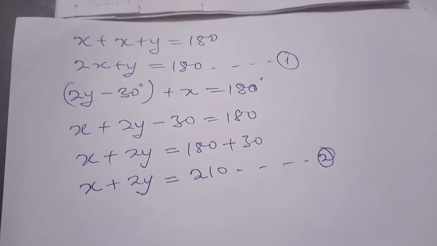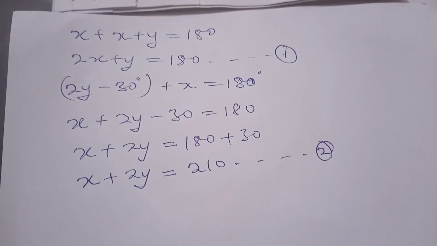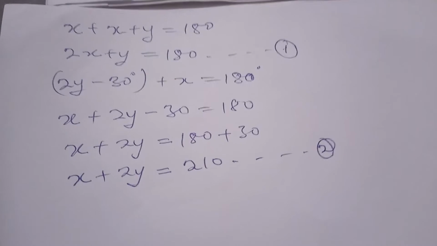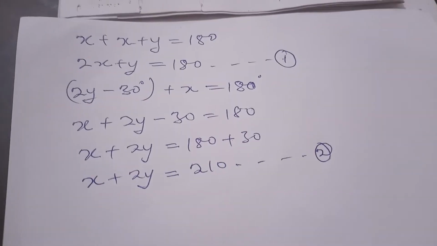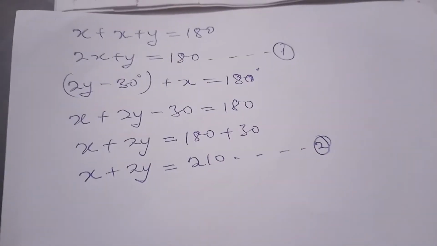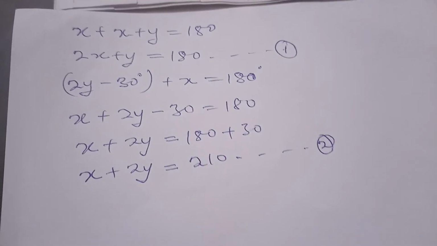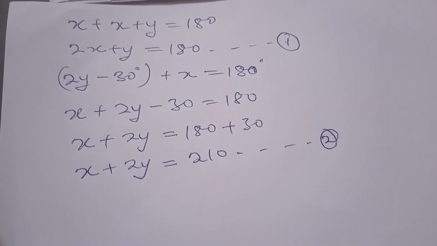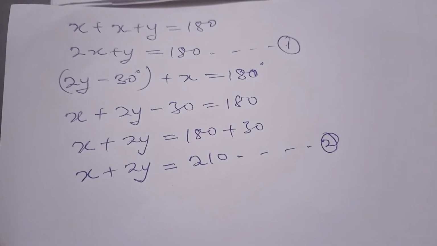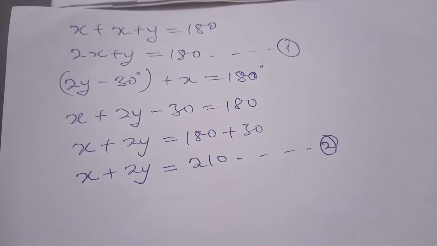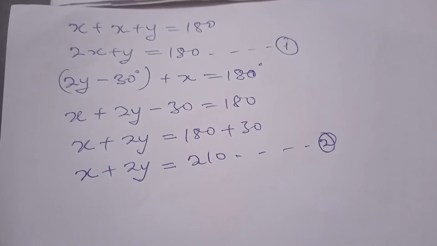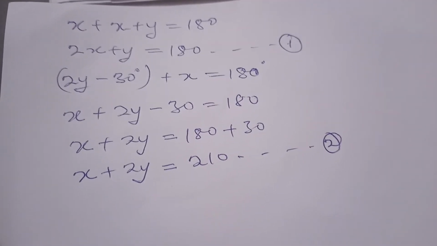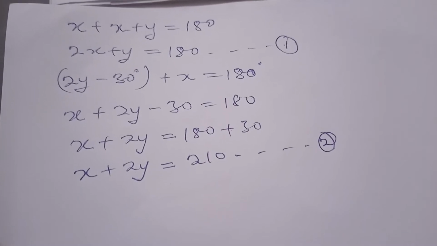So there's no need solving for both x and y at this juncture, especially as it is an objective question. Two main methods of solving simultaneous equations aside from the calculator: we can use either the elimination or the substitution method. I would like to use the substitution method, but you can also use the elimination method. Feel free to use that.